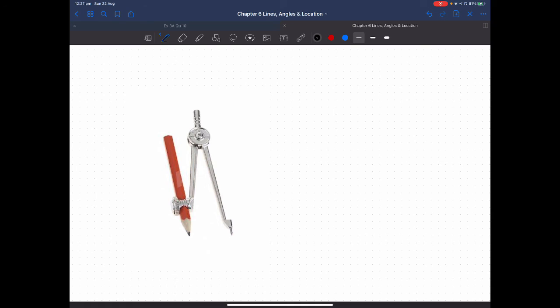In this exercise, you may be asked to do some drawings using a compass. Some students may not have a compass available to them. On the screen, you can see a picture of a compass.